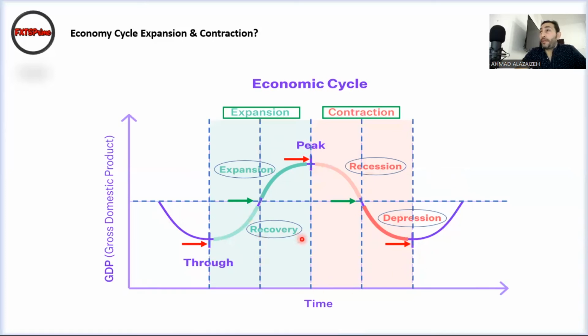So whenever the productivity is at the peak and the inflation is at the peak, we have the money value going up. Whenever the inflation and the productivity are at the bottom, we will have the money value going down. So you need to keep this in mind as a trader.